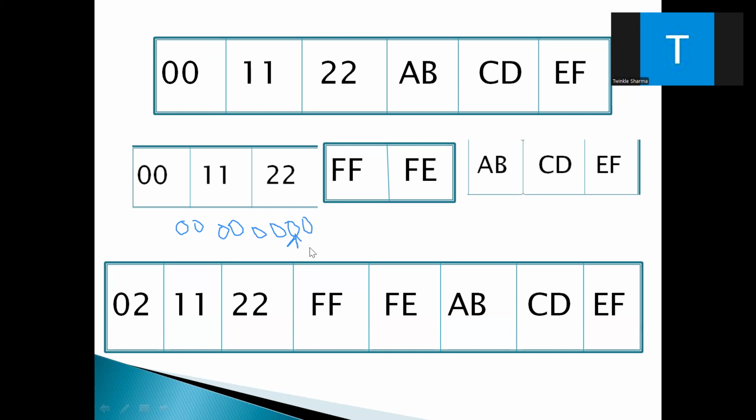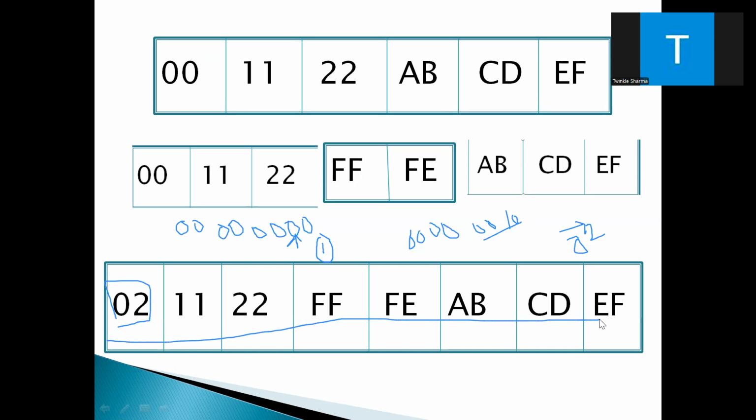I have to complement it with 1 as per the rule. So 0, 0, 0, 0, 0, 0, 1, 0. Binary into decimal is 2. So 02 comes here. So this is our interface ID.